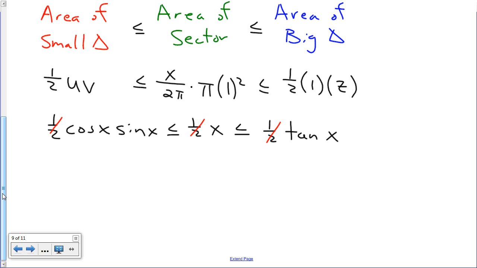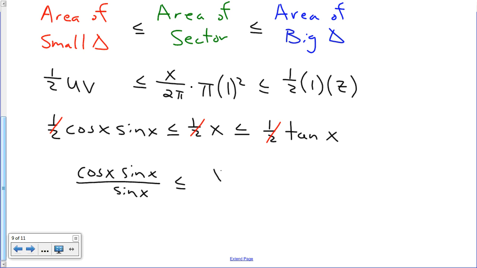All right, the next step of this is I want to get sine of x over x in the middle. So I'm going to divide everything by the sine of x. When I take cosine of x times sine of x and I divide it by the sine of x, some nice things are going to happen there. You can see the sine of x's are going to cancel out.